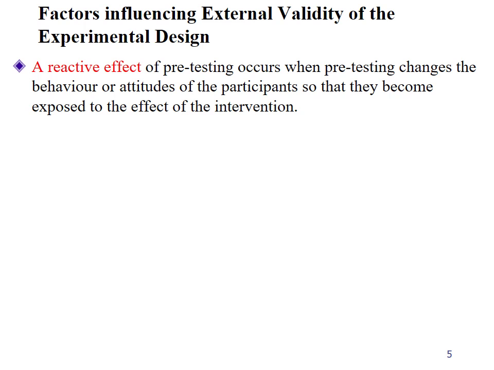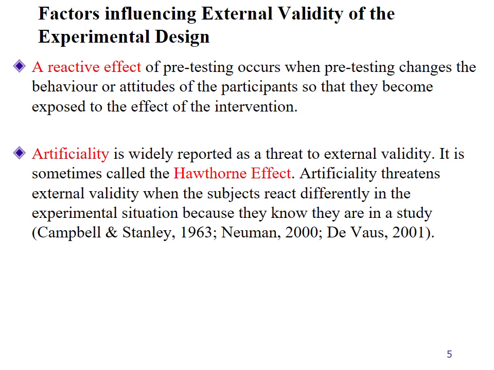When we pre-test people before the experiments, this process changes the behavior or attitudes of these people. So they become exposed to the effect of the intervention, to the independent variable. So they don't act in a natural way, because they know already that they are going to be experimented on, that they are going to be under a study, and what they do or how they behave might not be as natural as they are in the real world.